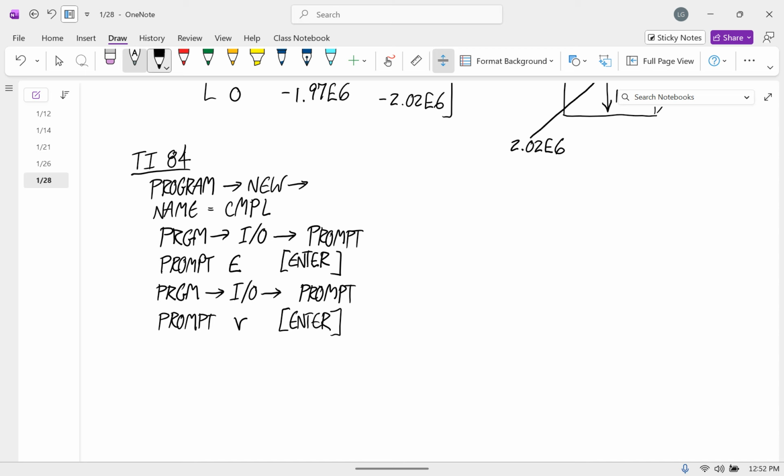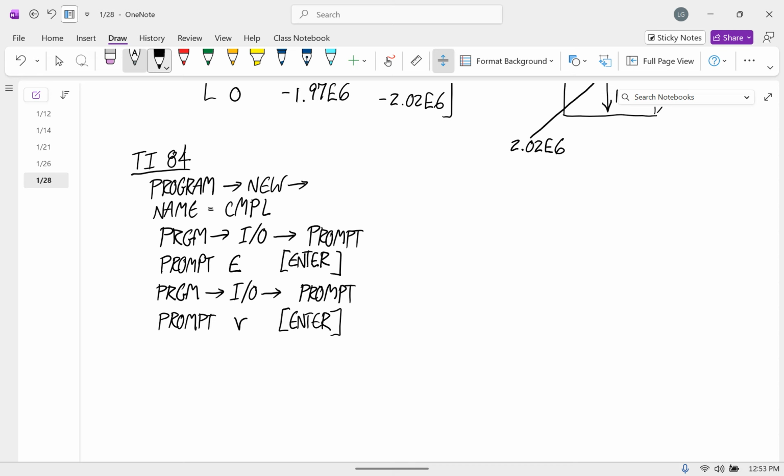And now, okay, this is a pain. But what we are going to do is go to one of these things in the matrix environment.